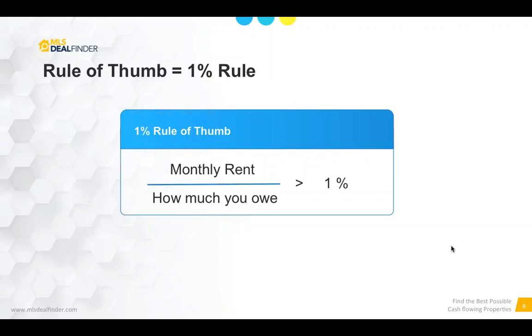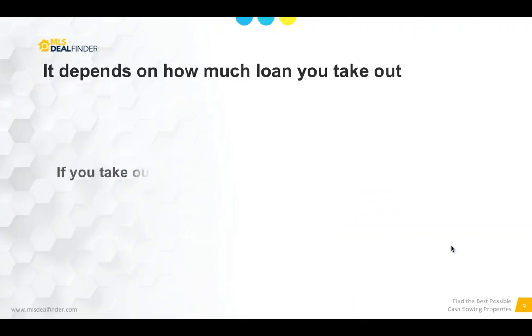So keep this formula in mind. For those of you who are a little more math inclined, you will notice that the rental index formula and this 1% rule of thumb formula are actually very similar. If you do some math manipulation, I'm going to just give you the answer right now. There is an insight here.